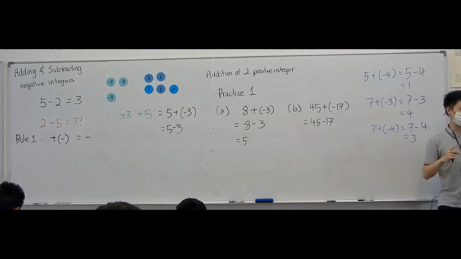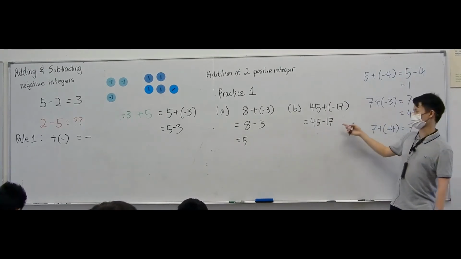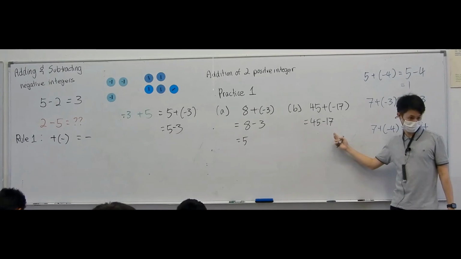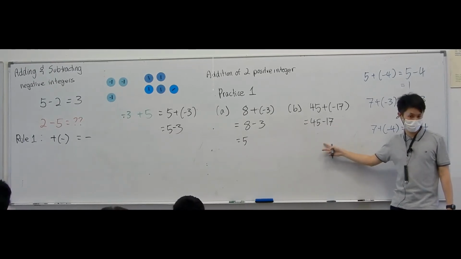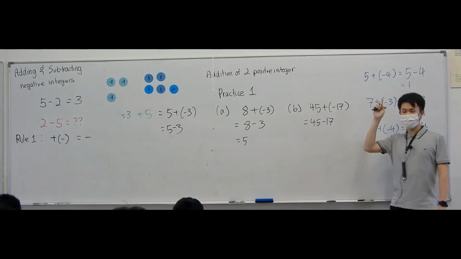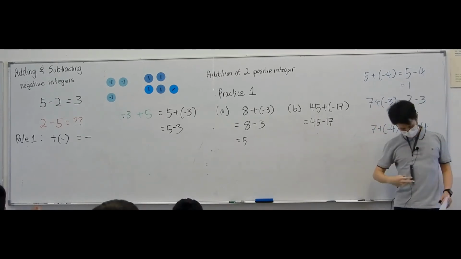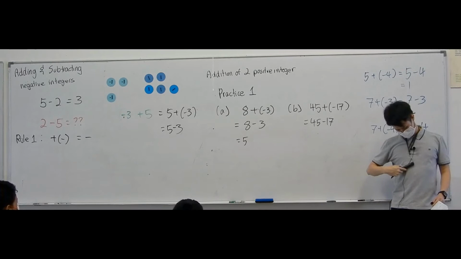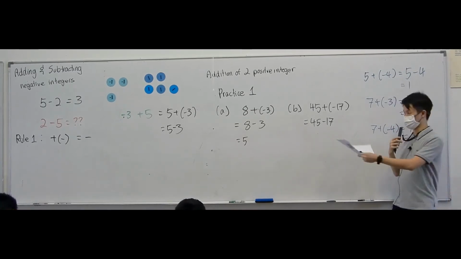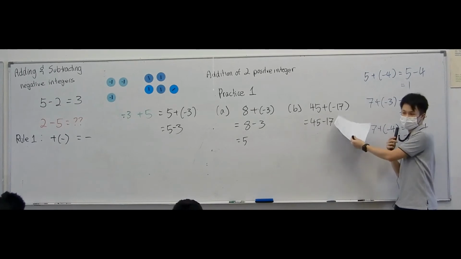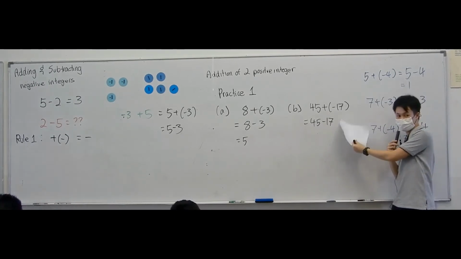Without the use of calculator would mean that you need to show this step, but you still can use your calculator to evaluate the final answer. I say again, without the use of calculator just means that you need to show this step, and you can still use your calculator to evaluate the answer.